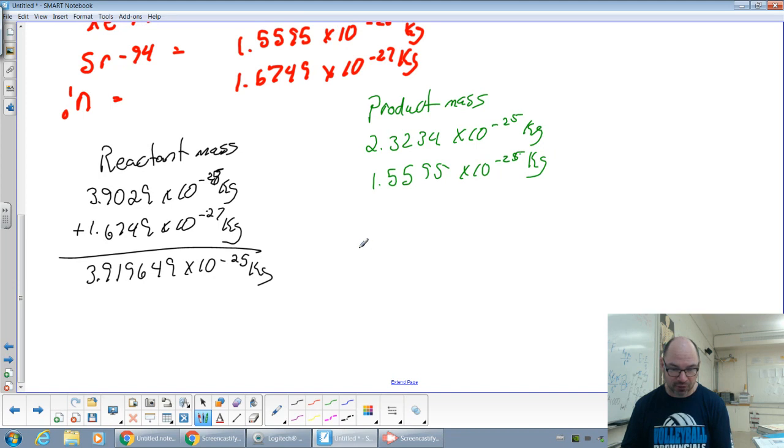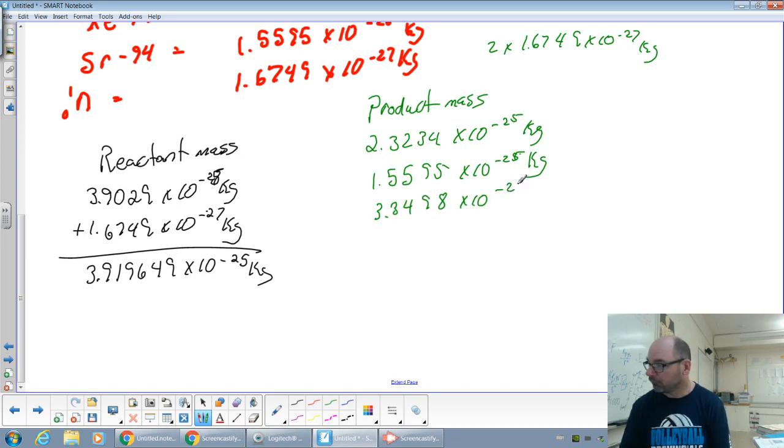And we've got two neutrons, so that would be 2 times 1.6749 times 10 to the negative 27 kilograms, and that equals 3.3498 times 10 to the negative 27 kilograms.